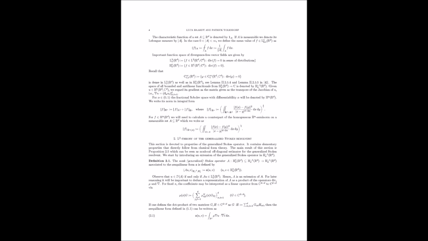So for those of us who haven't encountered them in a while, remind us, what exactly is a Carleson measure? Essentially, a Carleson measure is a way of measuring the concentration of a measure near the boundary of a domain. Okay. And it's defined on the upper half space. And the key property is that the measure of a box sitting on the boundary shouldn't grow too fast compared to the size of its base.